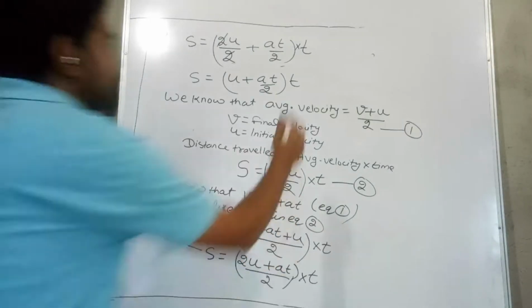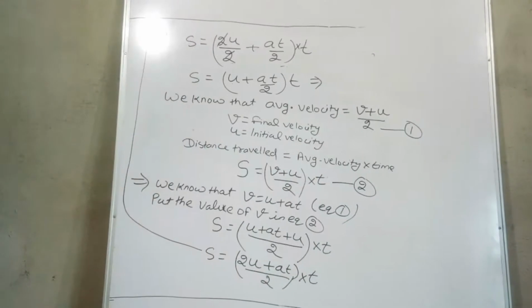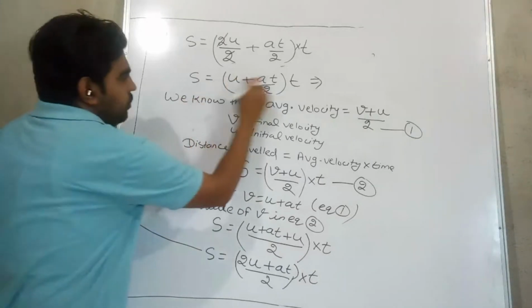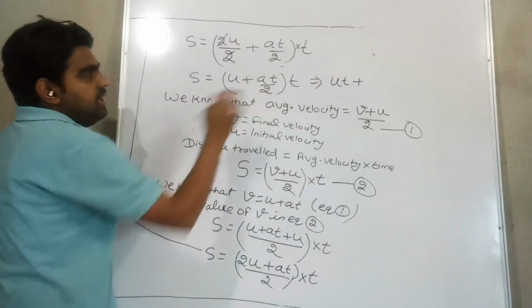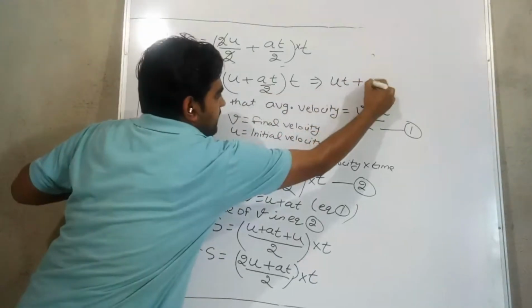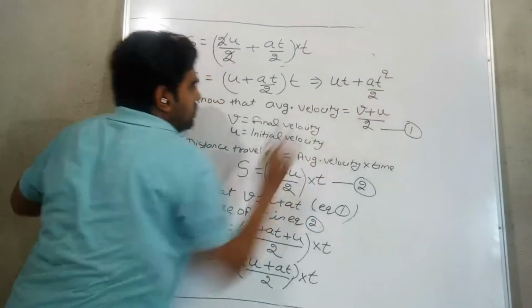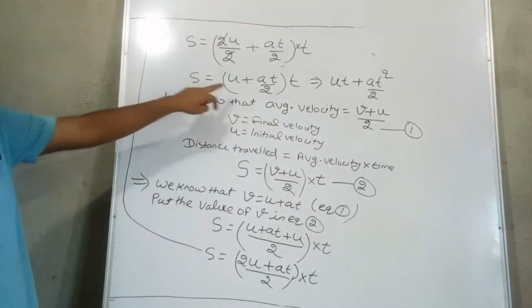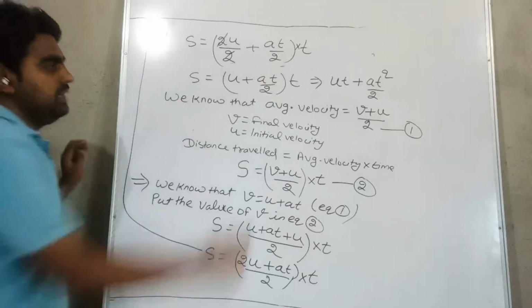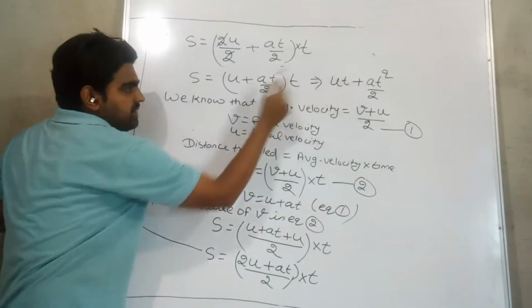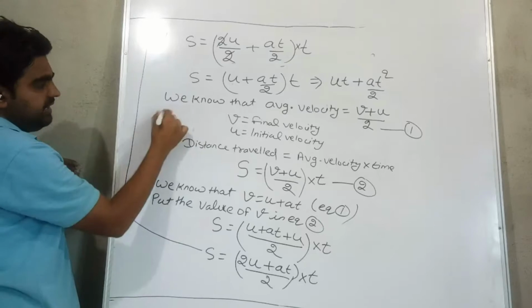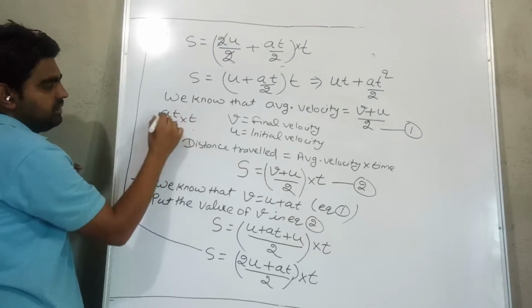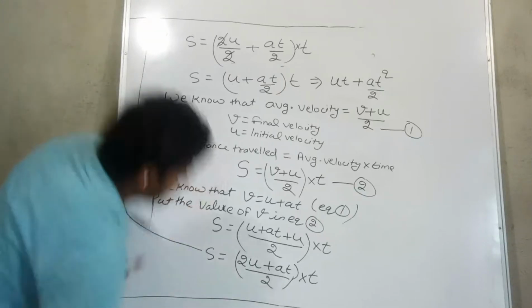So multiplying t by u we get ut, plus, now multiplying t by at upon 2, we get at square upon 2.